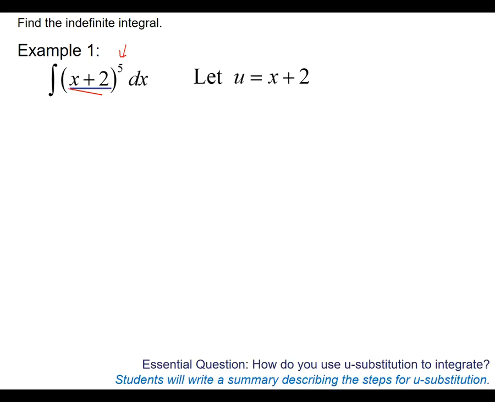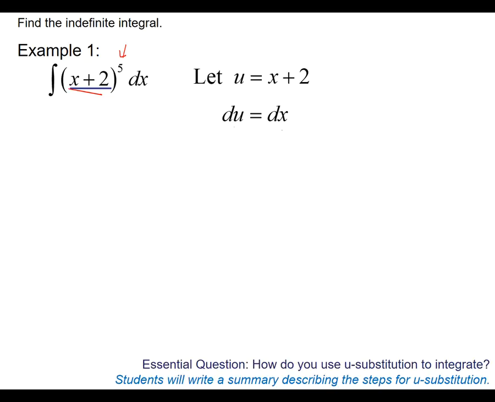So we're putting the derivative in with the integral right now. If we take the derivative of u, remember it's just du. What's the derivative of x? Yes, perfect. And the derivative of 2 is 0, right? So du equals dx.